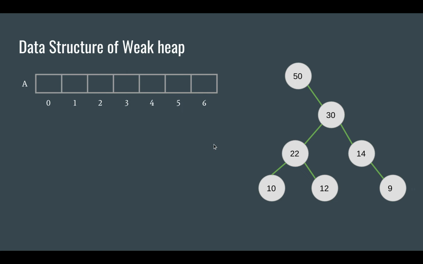For the indexing, we can follow the rules of breadth first search. The root will be at the zeroth index, the second one will be at the first index, and so on.